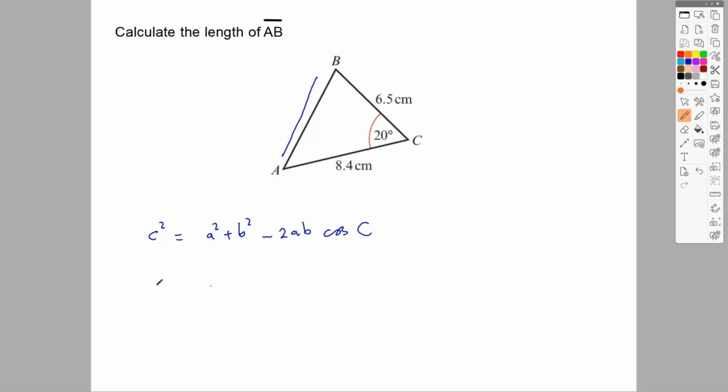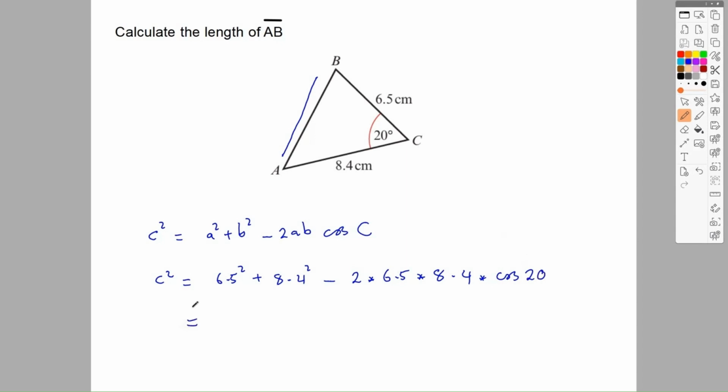So let's do this. c squared is equal to a squared, that means 6.5 squared, plus b squared 8.4 squared minus 2 times a 6.5 times b 8.4 times cosine c, which is 20.